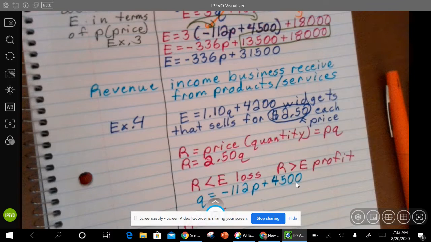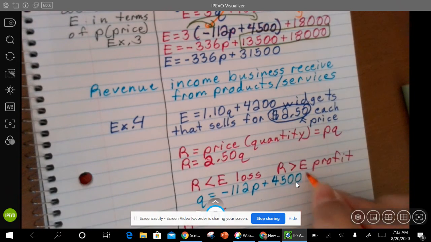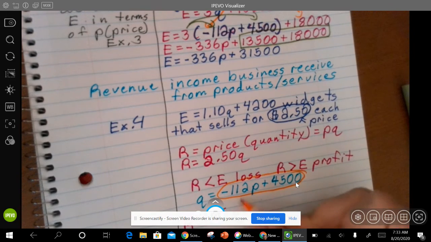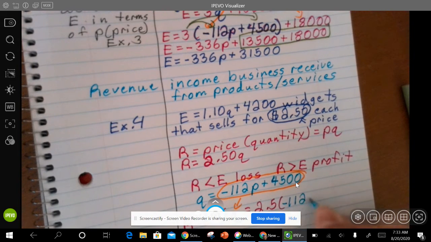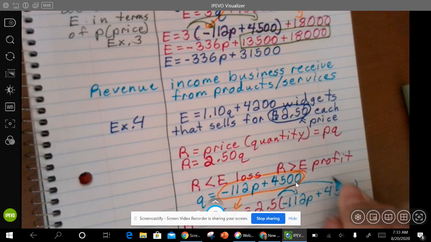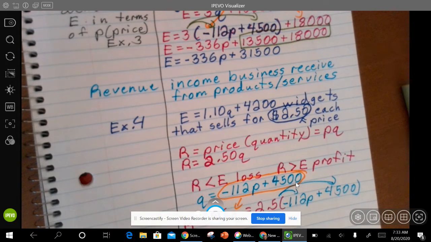And I'm going to substitute for the quantity, just like how we did up there in the expense. I'm going to substitute this all in for our quantity: negative 112 times the price plus 4,500. We're going to do our distributive property again. So we're going to multiply it all together.